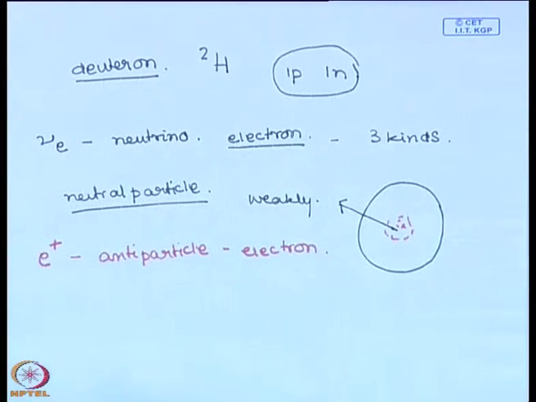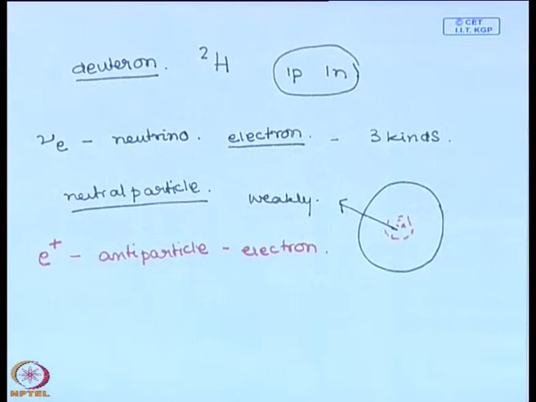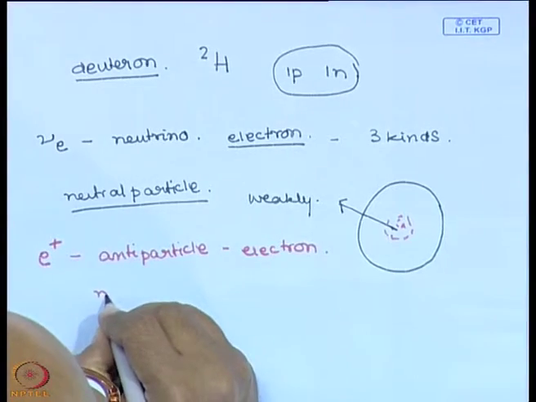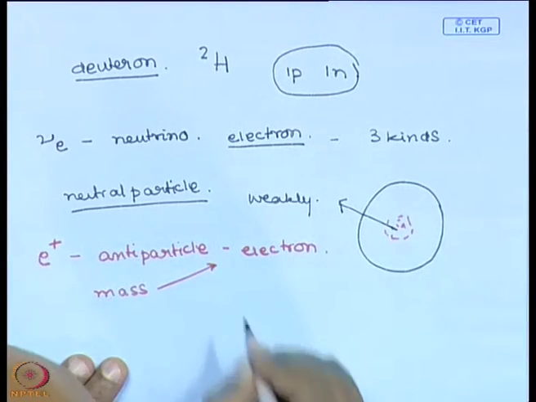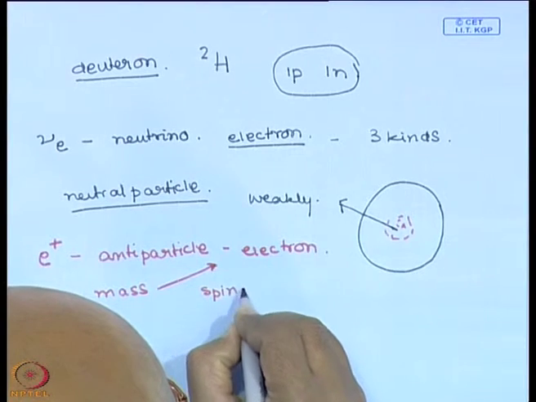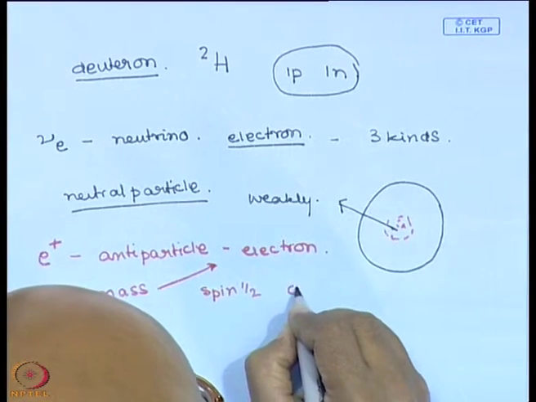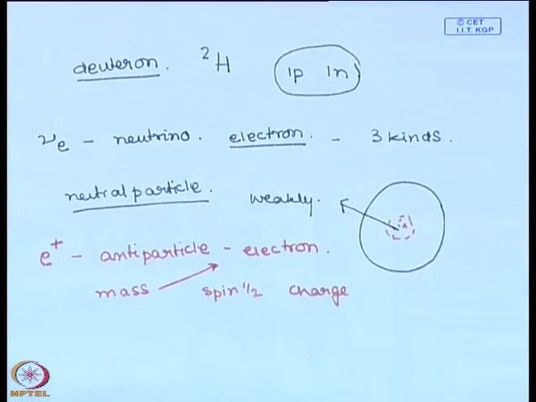So, it has the same mass and it is a spin half particle, with exactly opposite charge. So, its mass is that of the electron, spin is half, and charge is positive, exactly opposite that of the electron.